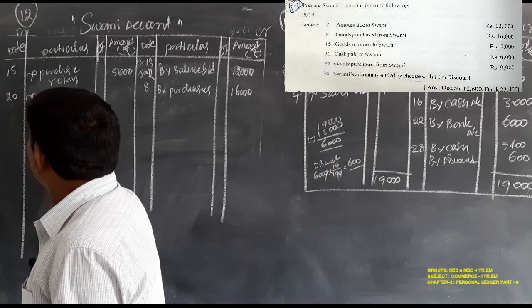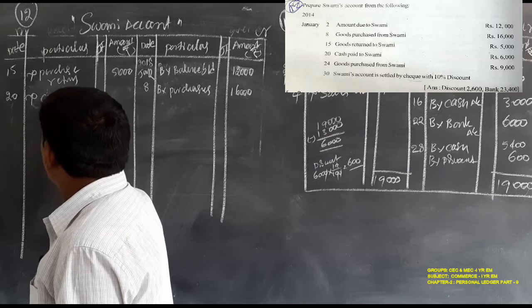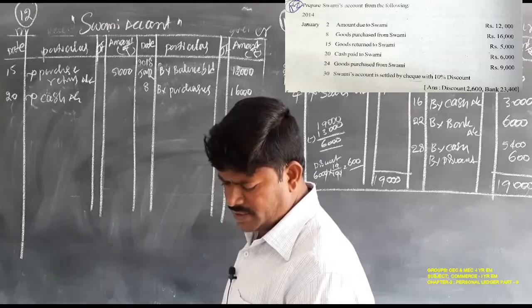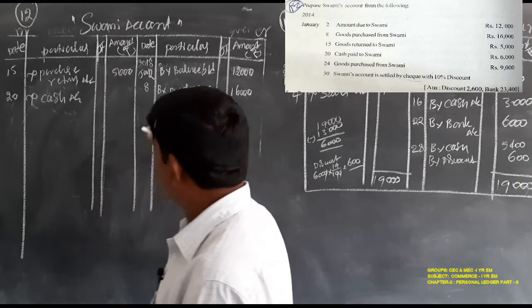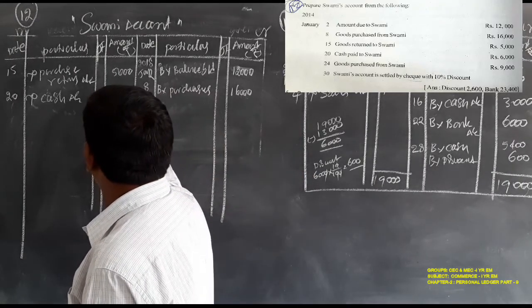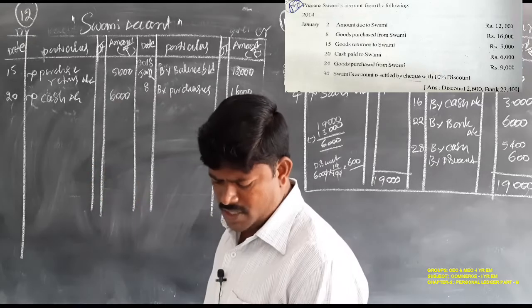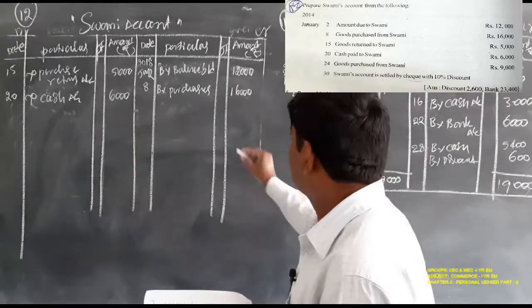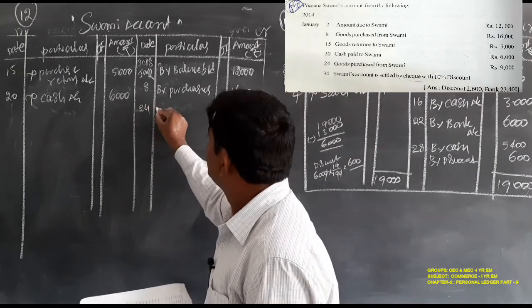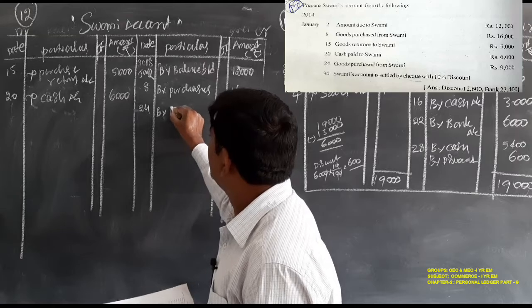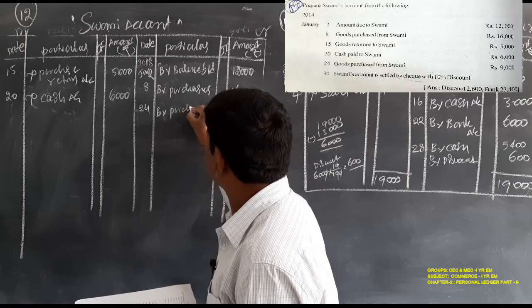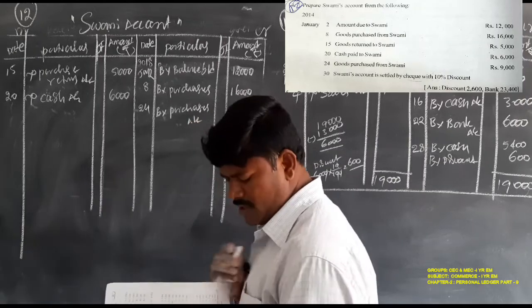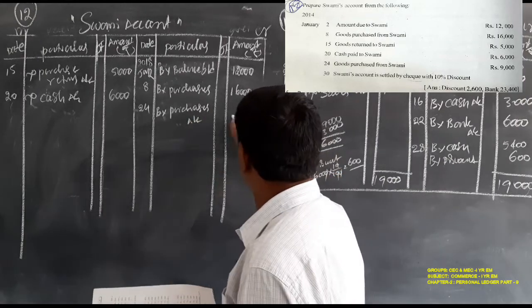To cash account, amount is 6,000 rupees. Next, 24th, goods purchased from Swami. By purchases account, amount is 9,000 rupees.